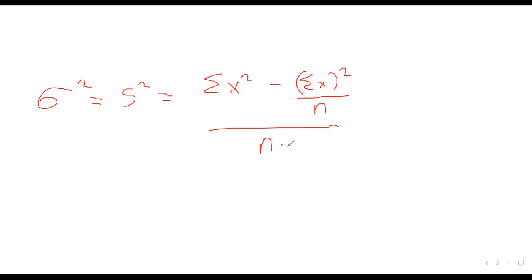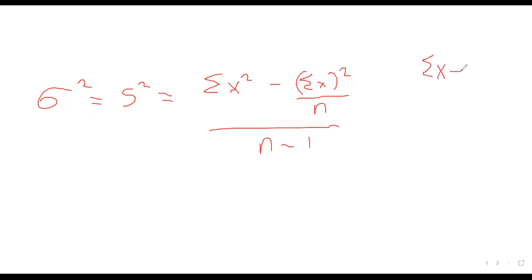People have a problem with substituting just these simple things. You need to be extra careful. Summation of x squared is a bigger value. All right, so we substitute as follows. I want you to try to substitute. Let me see whether you're okay with substitution.